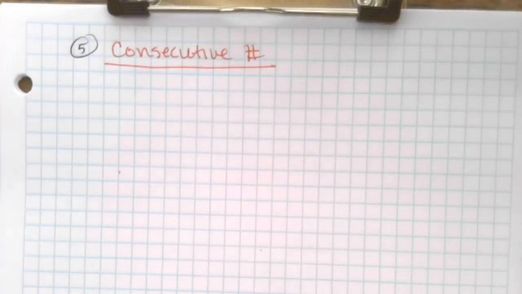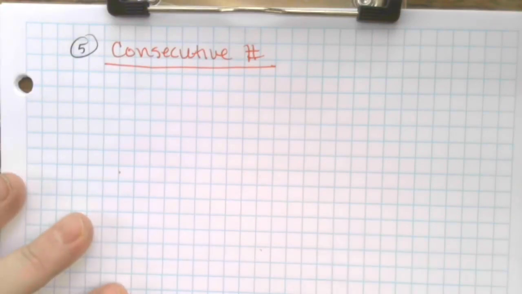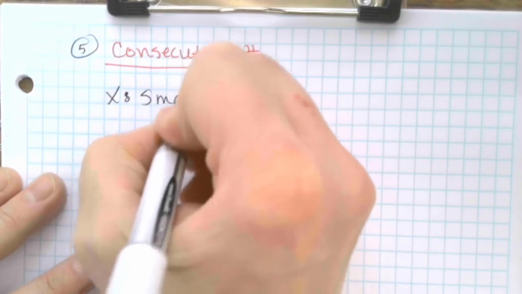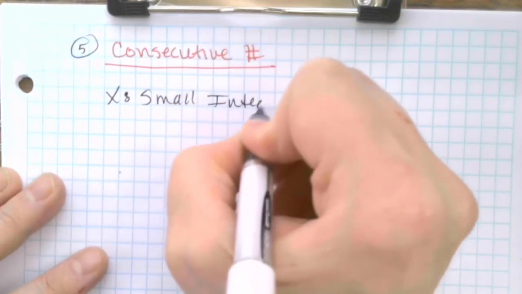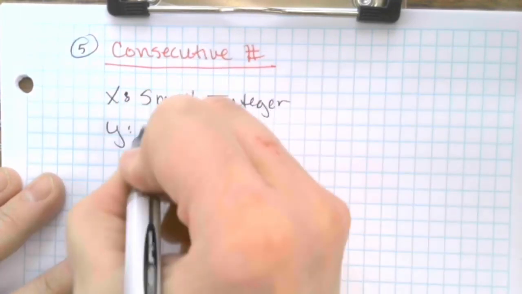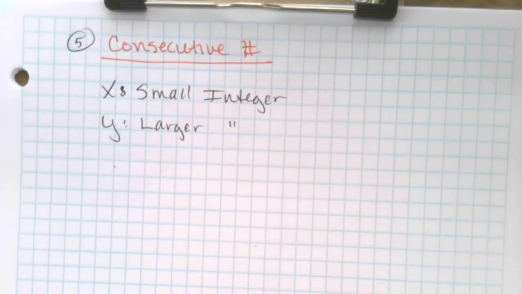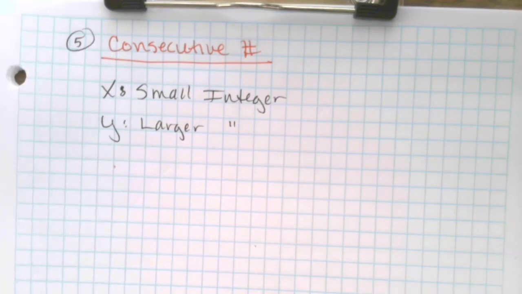Okay. So I'm going to call x the smaller integer. I'm going to call y the larger integer, just so I have them together. Now, when you add this stuff up, the result is going to be equal to 79, but we have to figure out what we're adding.